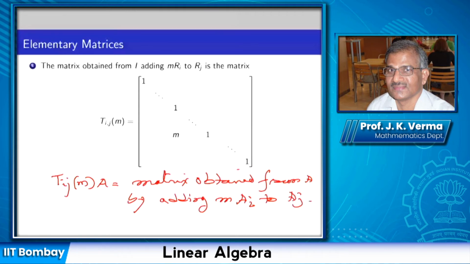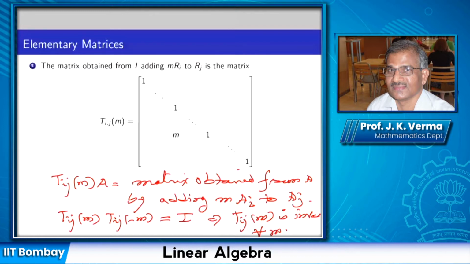So therefore, if I take Tij_m and then take Tij_minus m, this will be identity, because I am reversing the operation. So this shows that Tij_m is invertible. This is invertible for any m; m could be 0 also. So Tij_0 is just the identity matrix.